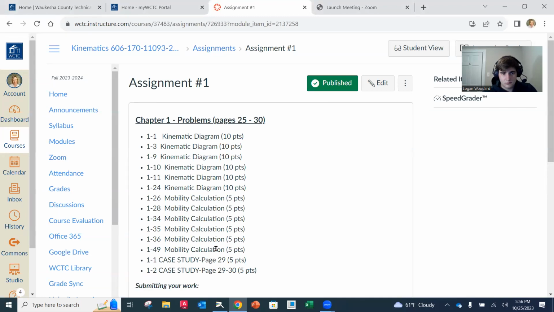It's the mobility equations for the diagrams up on top. So by doing the kinematic diagram and a mobility equation like we just did here, that's like 2 problems of that. The diagram is going to be worth 10 points, and then the corresponding mobility equation written out in the form that we have here is going to be 5 points. So in essence, I look at it as really 6 problems as opposed to 12. It just looks like a lot. So just so you know, as you're thinking about that assignment.